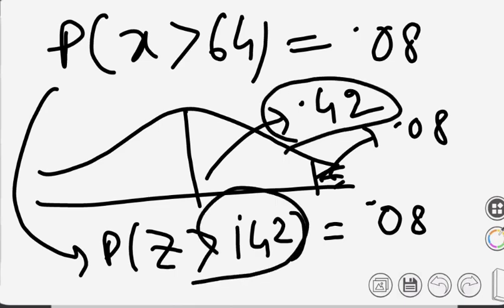So 1.42 approximately, otherwise we cannot take from the table, otherwise the value has to be given.